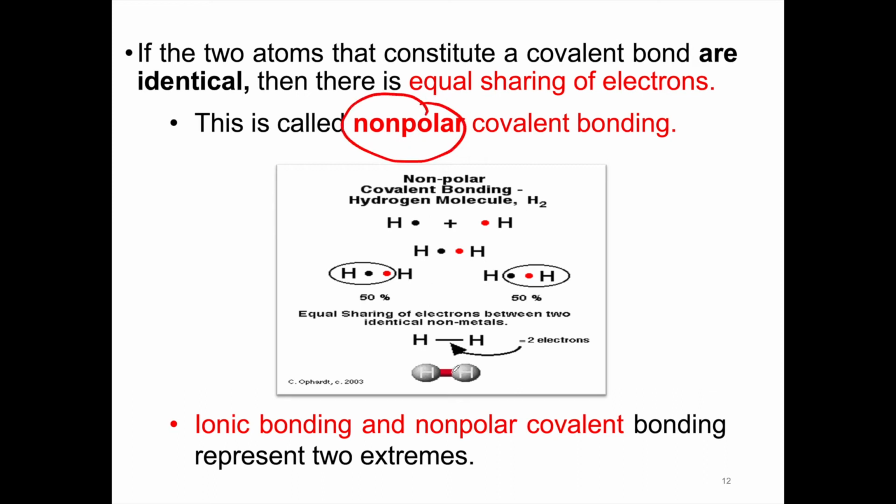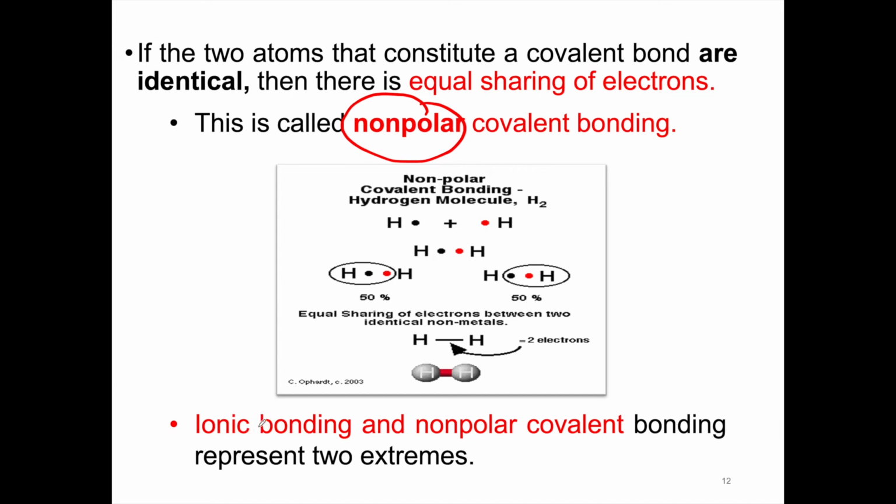This is what I showed you in the previous slide: one electron from one hydrogen and another from the other hydrogen. So we have an equal number, we don't have any difference in electronegativity, and it gives a non-polar covalent bond.